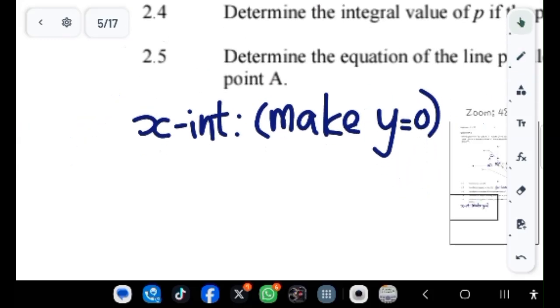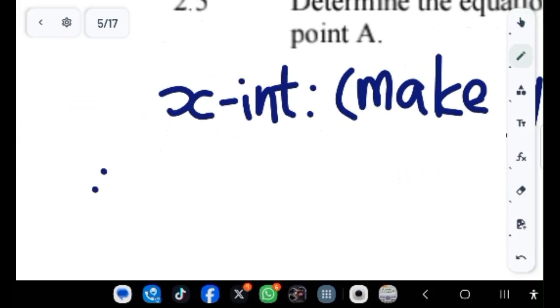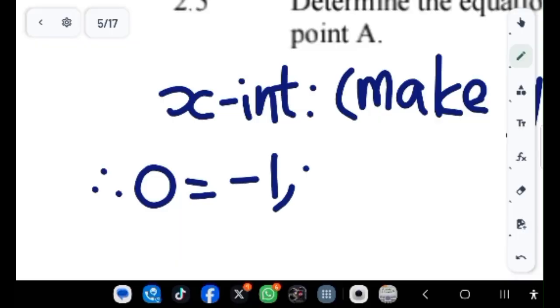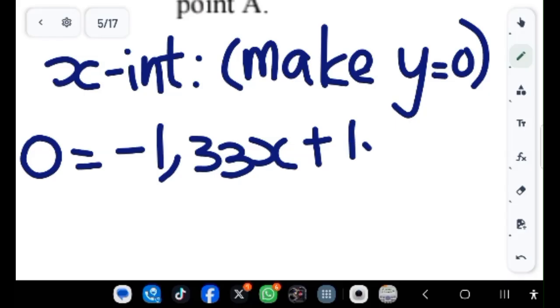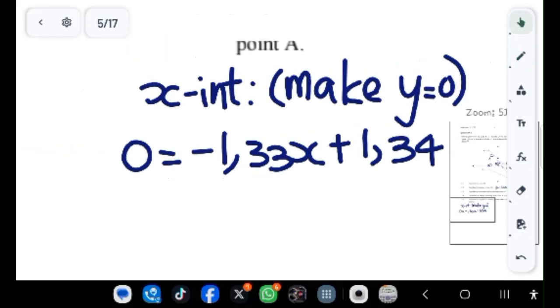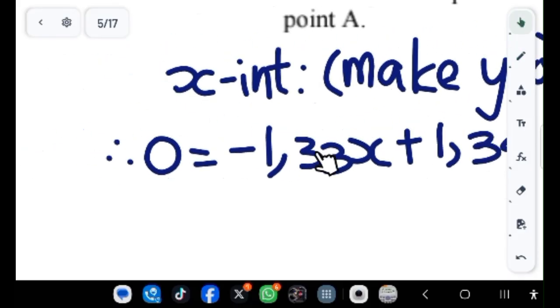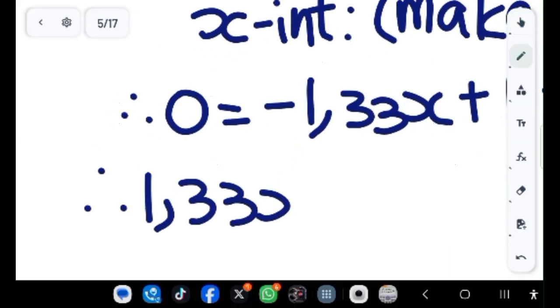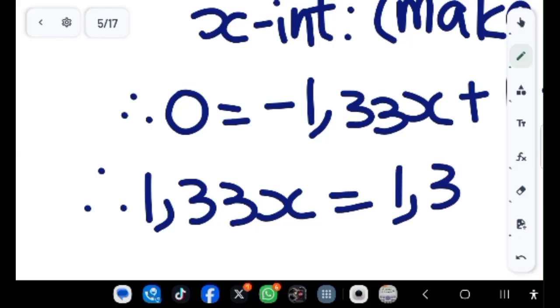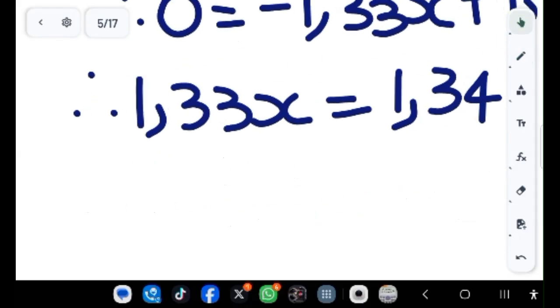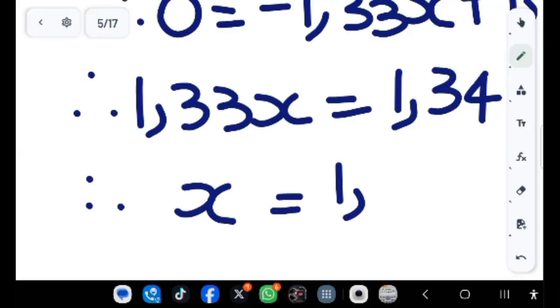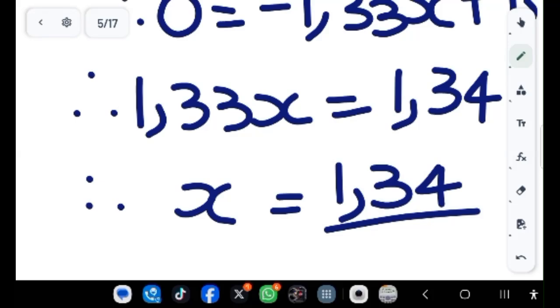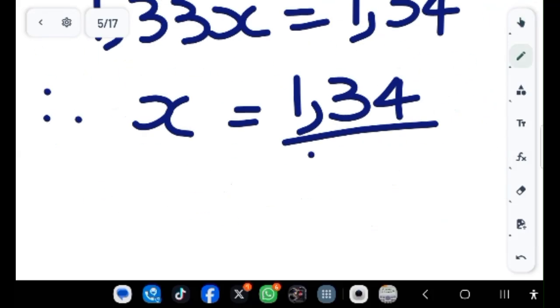So we substitute 0 into the equation of that straight line. 0 equals negative 1,33x plus 1,34. Take this to the left hand side, so that becomes 1,33x equals 1,34. Now we divide both sides by 1,33.